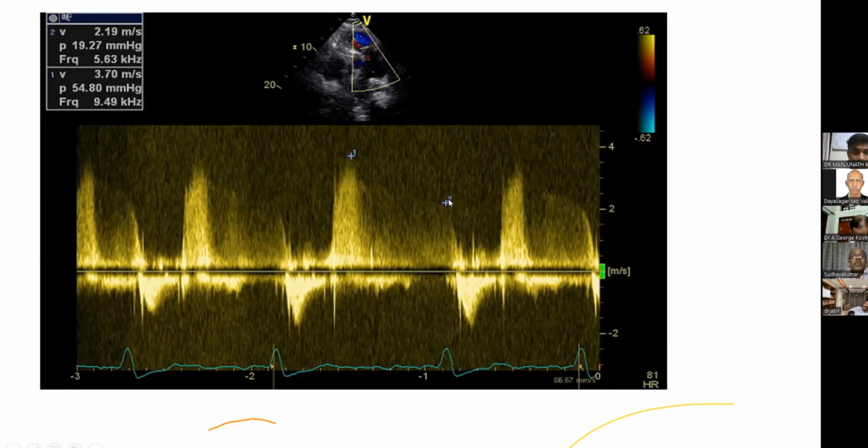Okay. So what will be the pulmonary artery diastolic pressure in a patient who is having pulmonary regurgitation? And do you say it is severe pulmonary regurgitation?